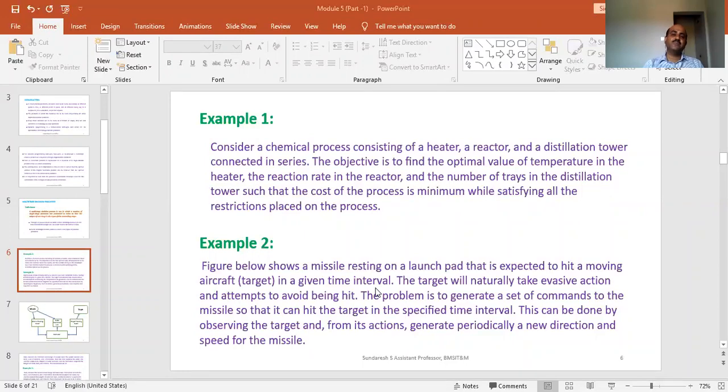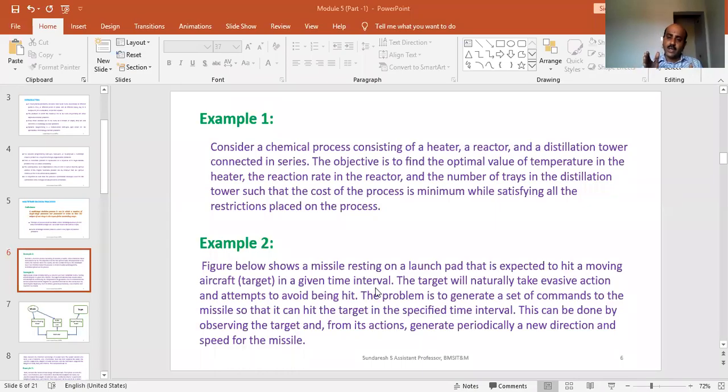Look at this, this is a very simple example we are taking: the missile which is resting on the launch pad. We expect that missile to hit the moving aircraft, which we consider as the target, within a given interval of time.